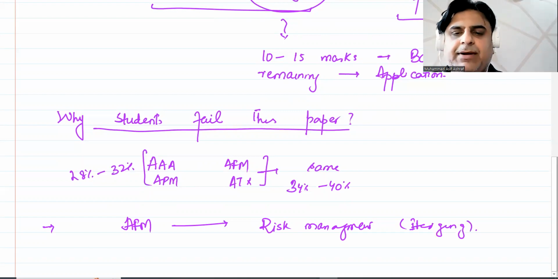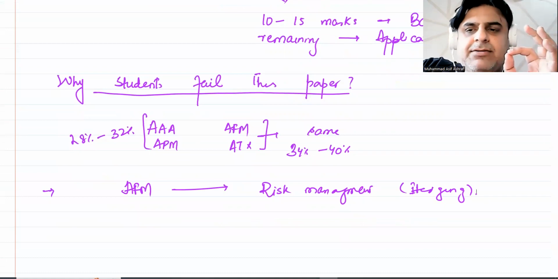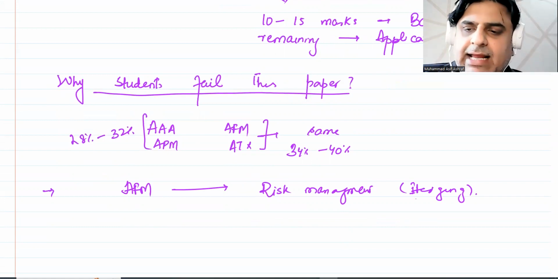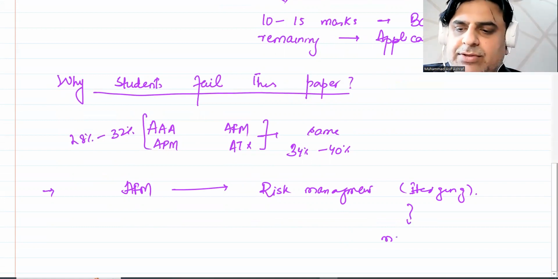In paper FM, 90% of students find hedging the most difficult topic, because they don't understand the basic concept. But whenever I get feedback from students after the paper, the hedging question is the most favorite question of students.